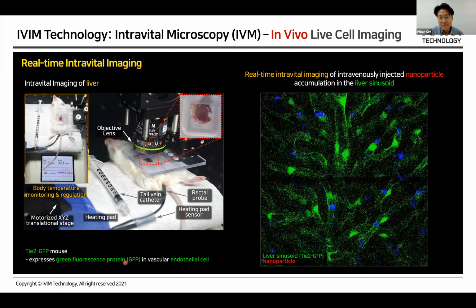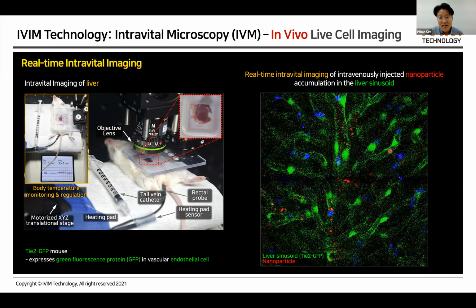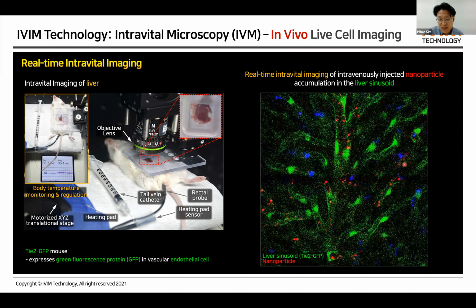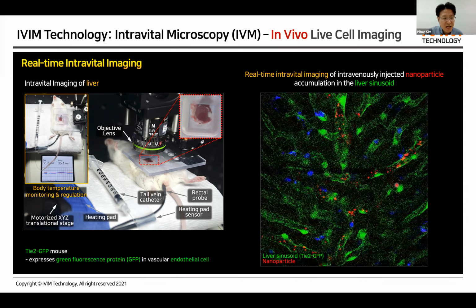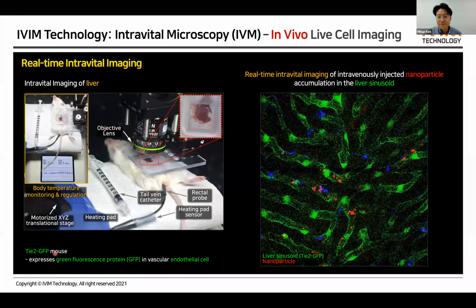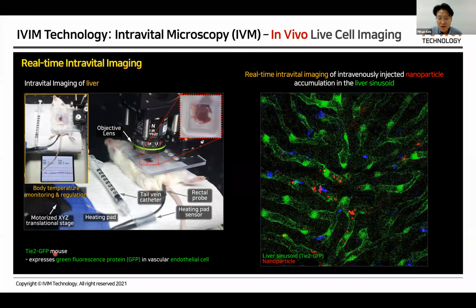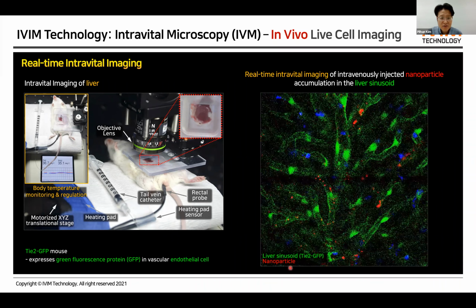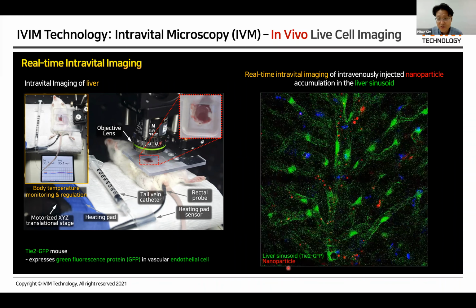In this setting, this is the real-time, 30 frames per second intravital imaging of the liver of this Tie2-GFP mouse. So in green, what you're looking at is a liver sinusoid. And then what we did was we intravenously inject a nanoparticle through the tail vein catheter.